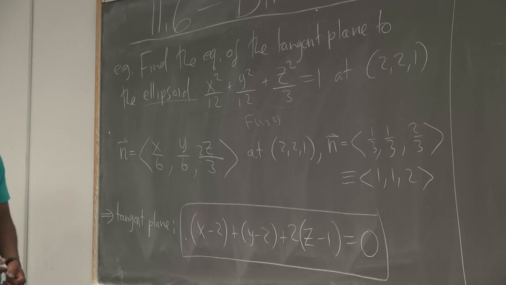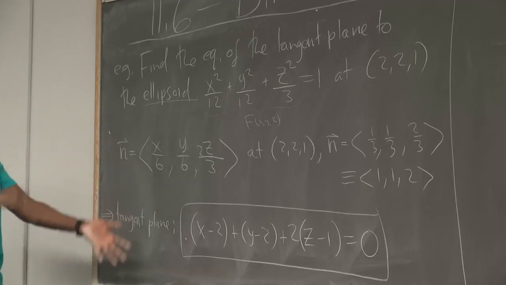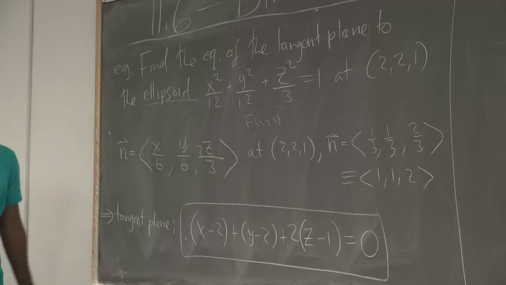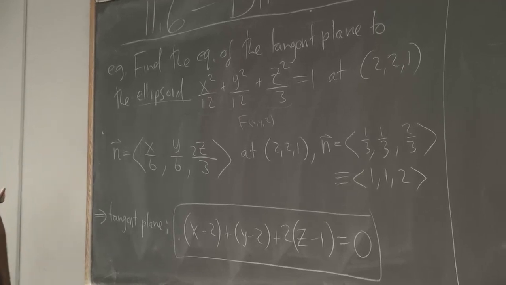That's it. Knowing about the gradient vector makes it easy to find the tangent plane. Just bring everything to one side, take the gradient vector. That's your normal. And we'll end there.